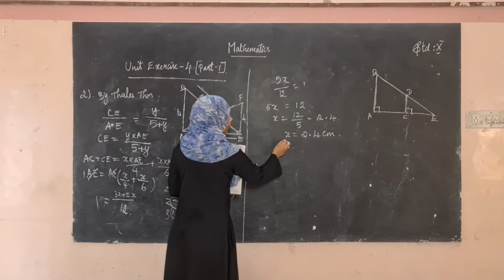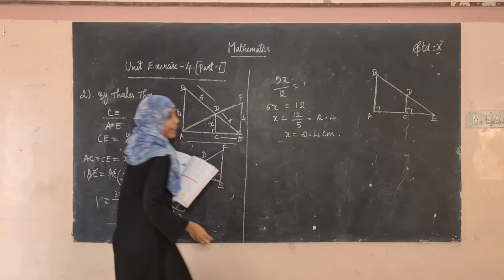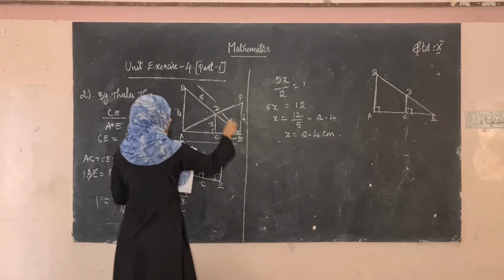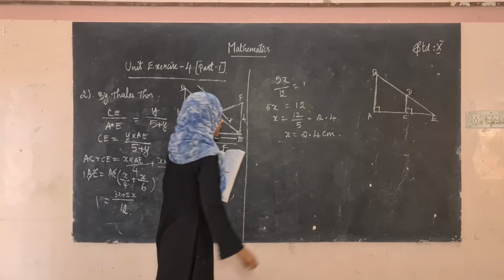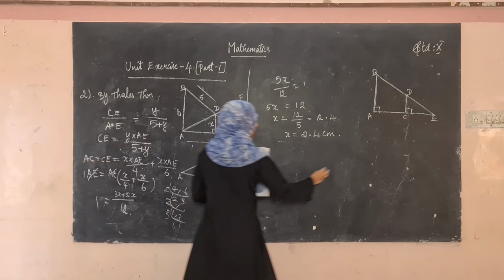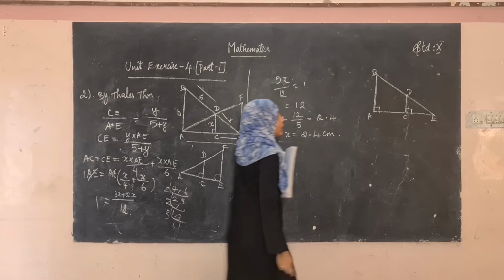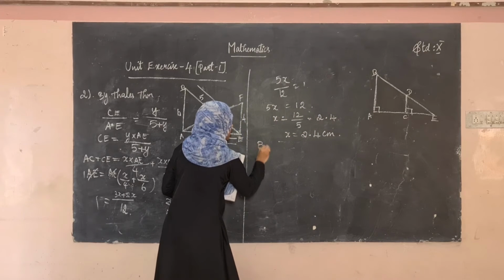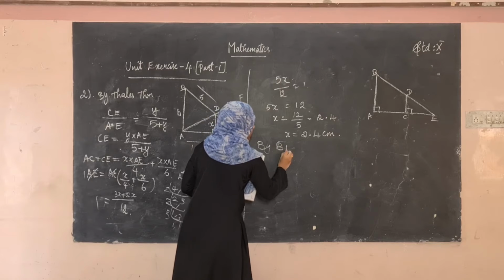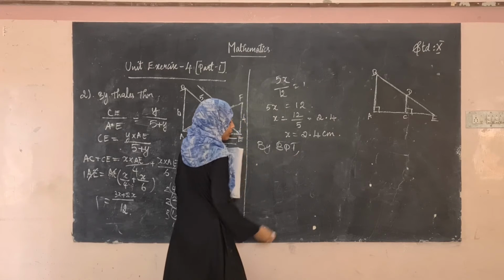So we found the value of x, right? Now we want to find the value of y, that is DE. For that, we are going to take the same triangle here, that is BAE. From this we are going to use the basic proportionality theorem.